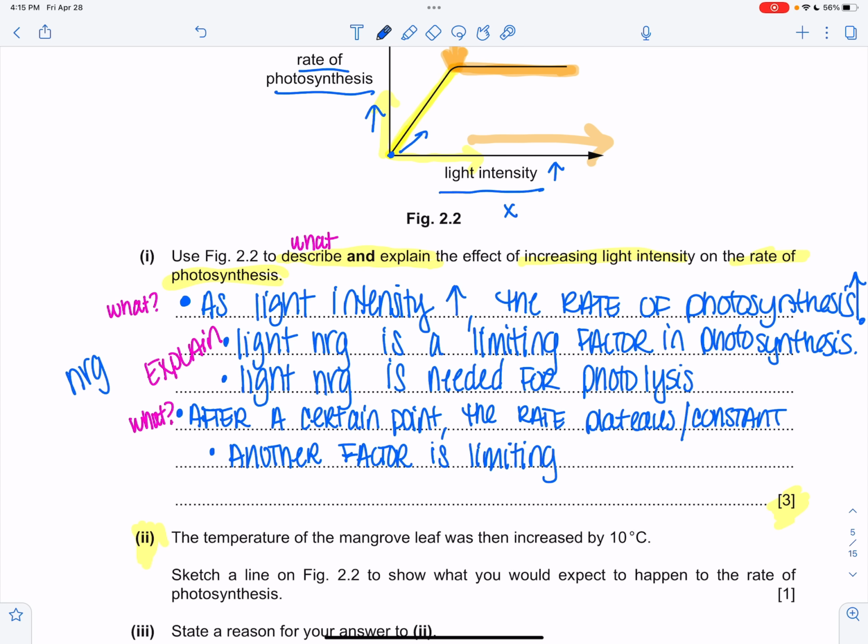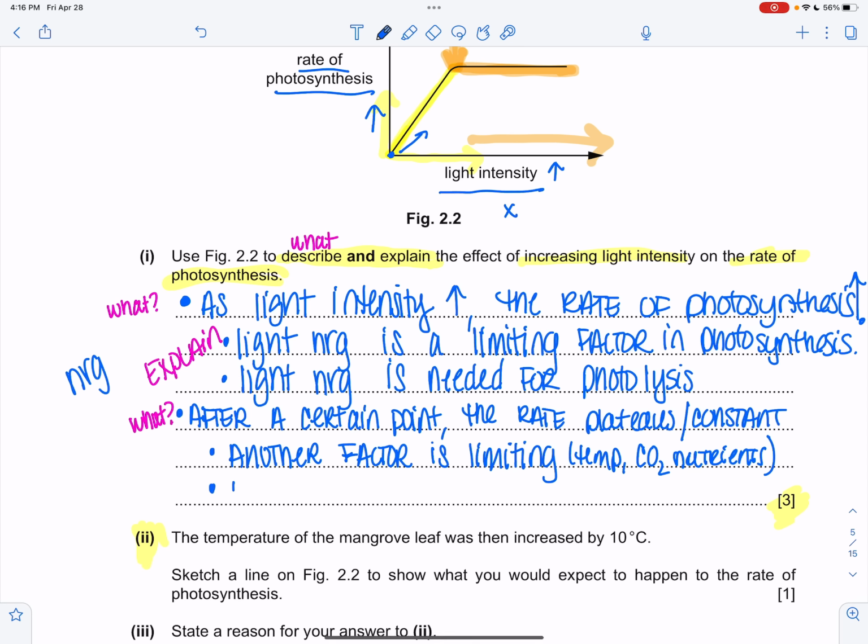That's not the case. With temperature, once it passes its peak, it's because the enzymes start to denature. It wouldn't matter if you gave it more water, CO2, nutrients, or increased the light energy. It wouldn't matter if this was a graph for temperature because it's already denaturing.